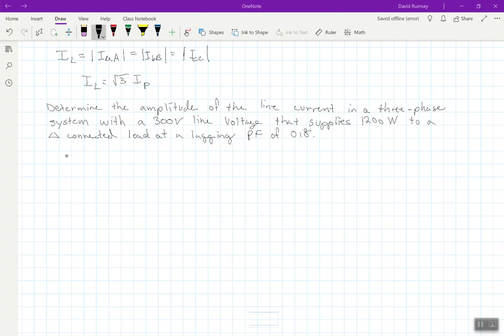So our line voltage is 300 volts. Our phase voltage is 300 over the square root of 3. And the power factor is still 0.8.